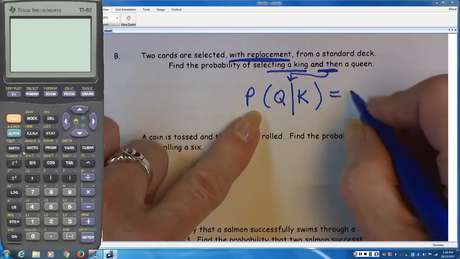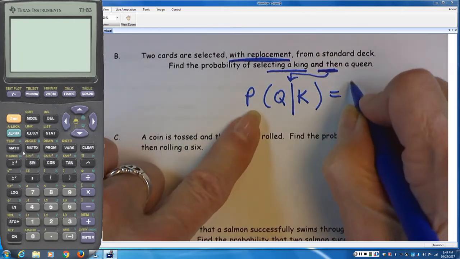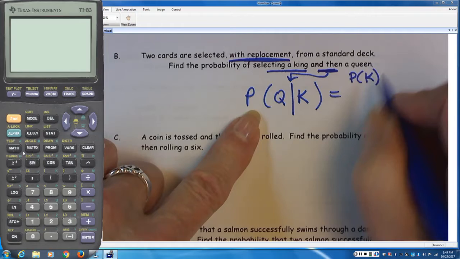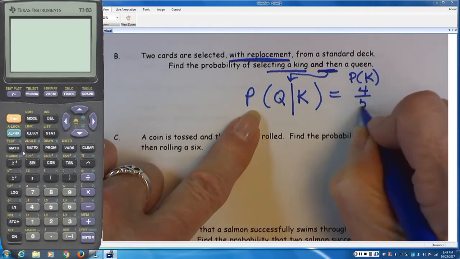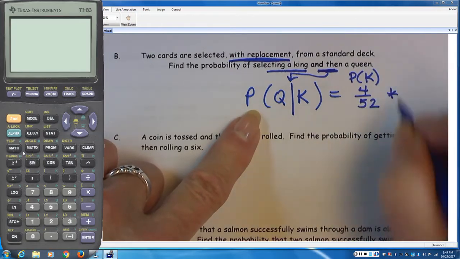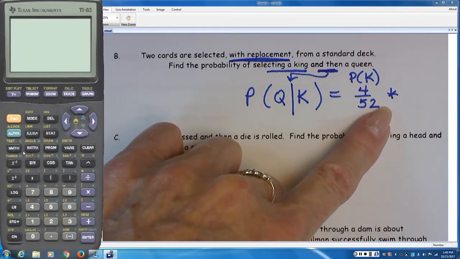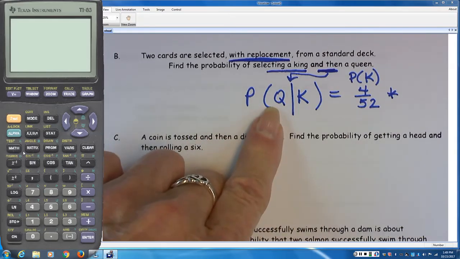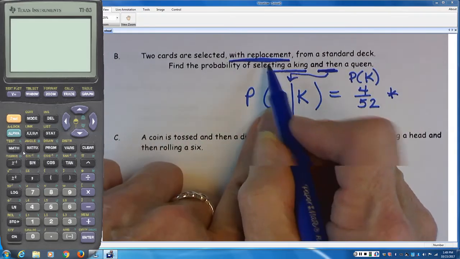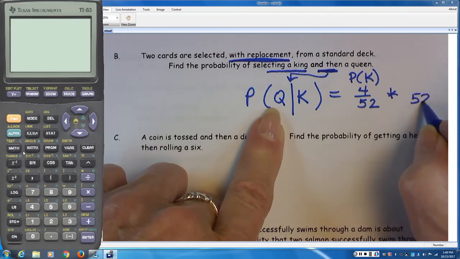So the probability of the king, there's 4 out of 52. And then, and always means multiply, a queen. Now, we replaced the king, so there's still 52 cards.